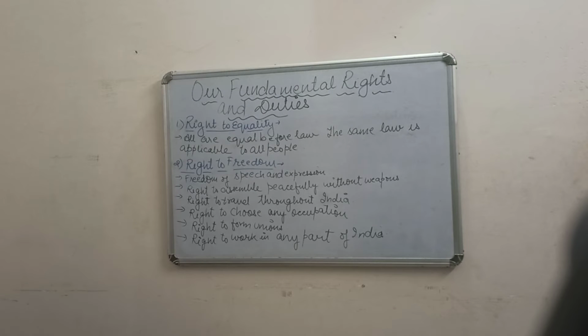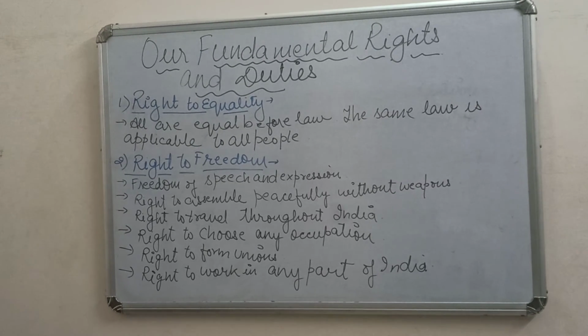So, when we talk about these fundamental rights, let us talk about the first fundamental right, the right to equality. When we talk about the right to equality, children, it means that all are equal before law.